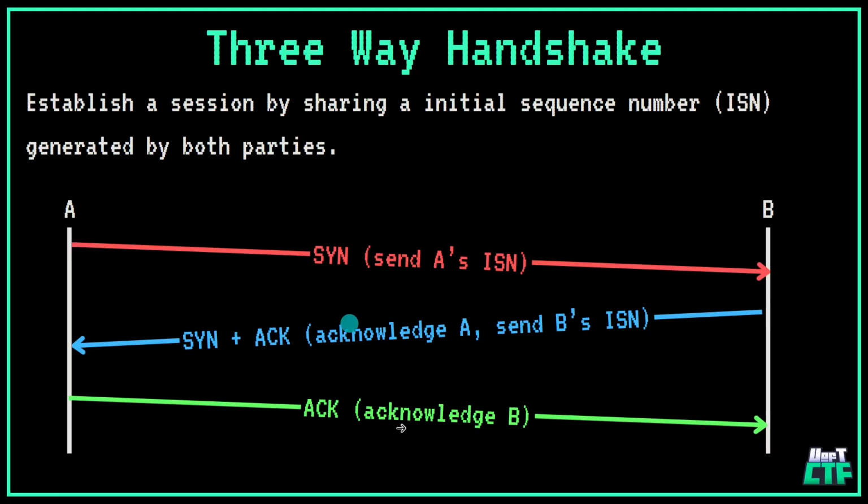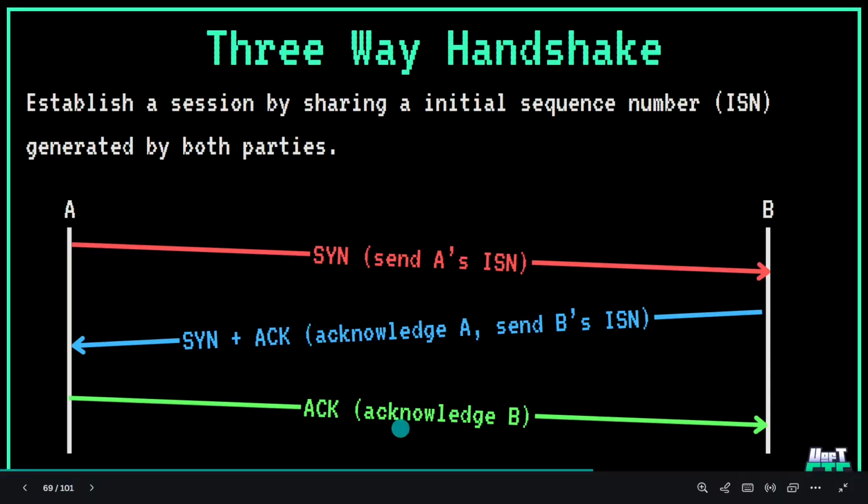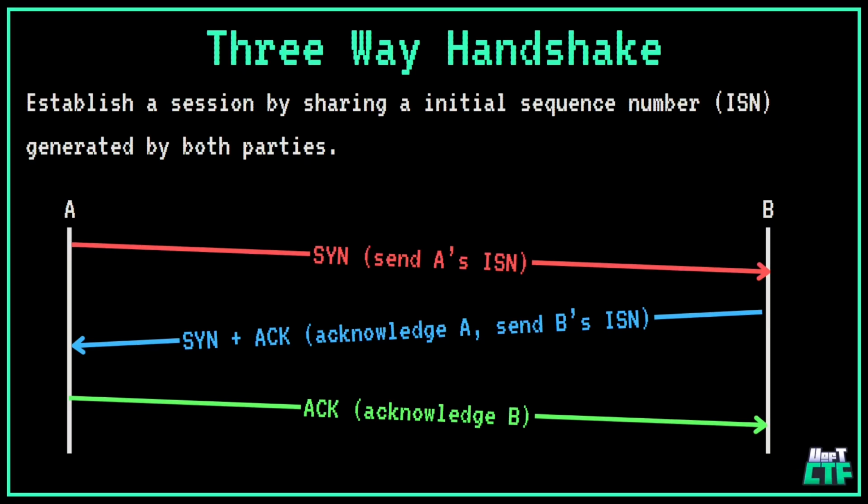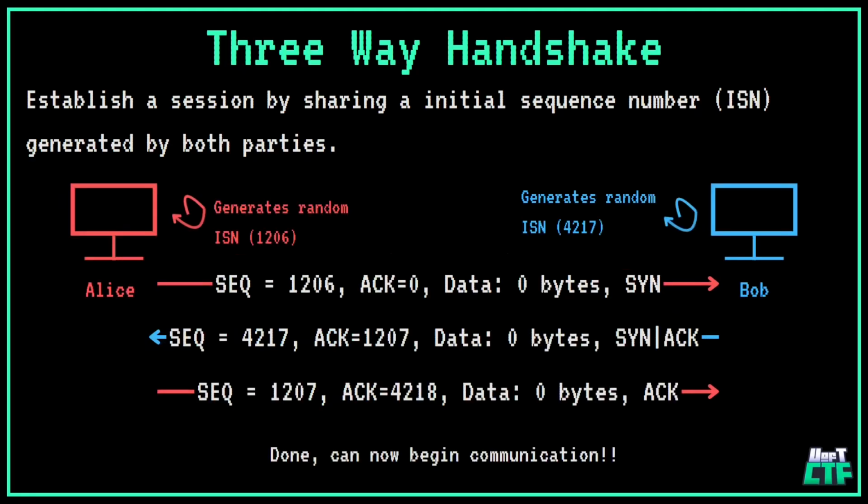What you're sending between them is something called the initial sequence number. The initial sequence number is something that you set within the header, and this is the starting number that you use for your communication. A generates a sequence number, and then B generates a sequence number, and then you use that to communicate with each other. It is like a random value that is used to ensure communications are unique.